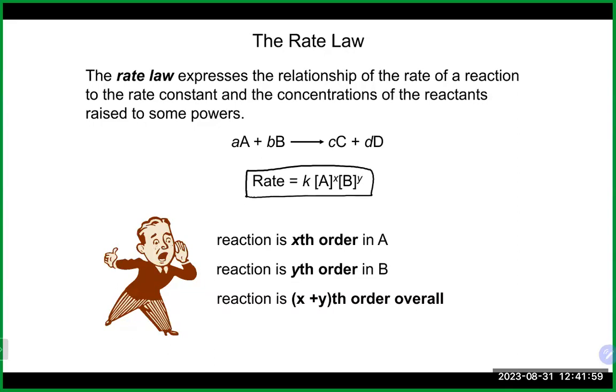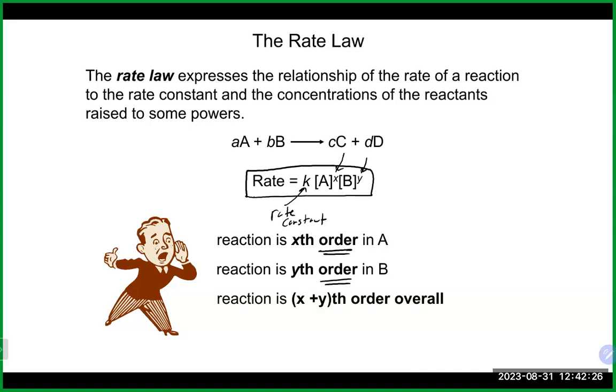The rate is equal to k. As we talked about earlier, that is our rate constant. A is our concentration. x and y are what are referred to as orders. And orders are sort of like the proportion of those reactants that is needed for this reaction to maintain a specific rate.